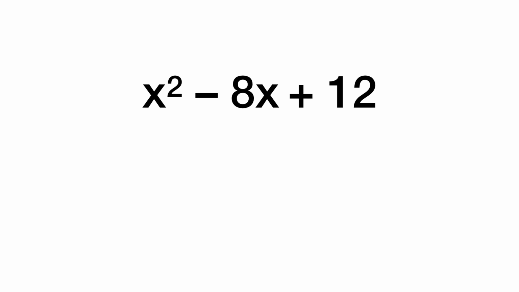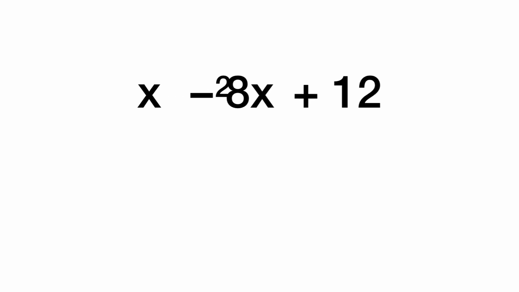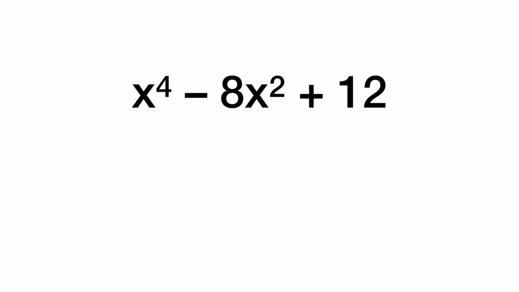So the quadratic pattern in quartic form looks like this. So pretty much the same, only now everywhere we had an x, it's an x squared. So x is now x squared, and x squared is now double that, or x to the 4th, plus 12. So instead of going 2, 1, 0, it's now 4, 2, 0.